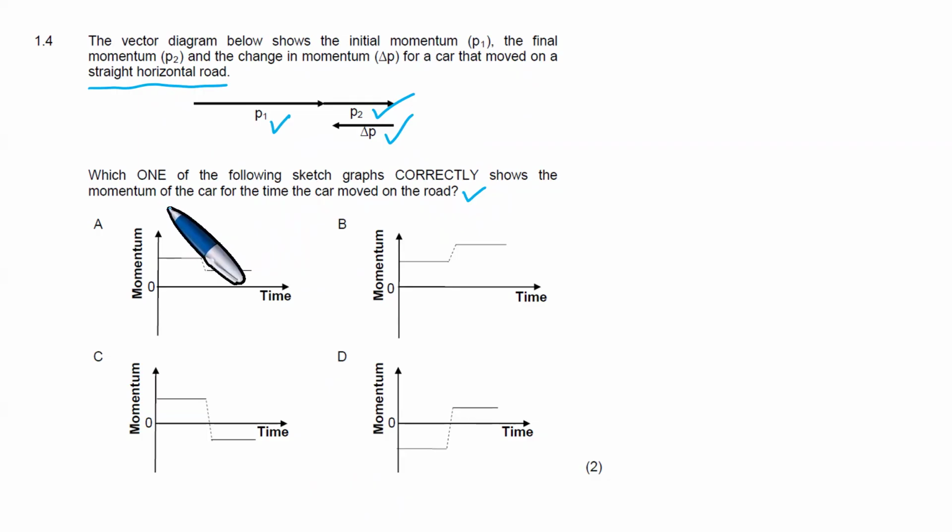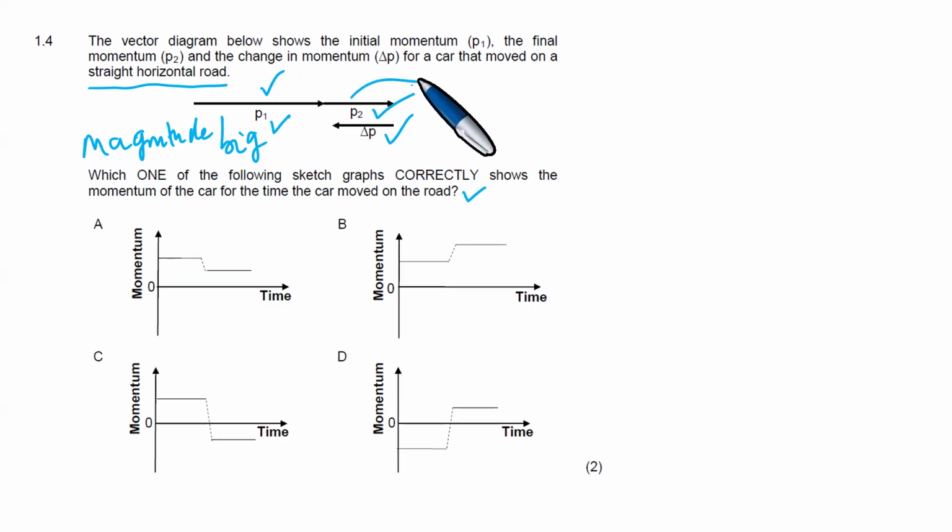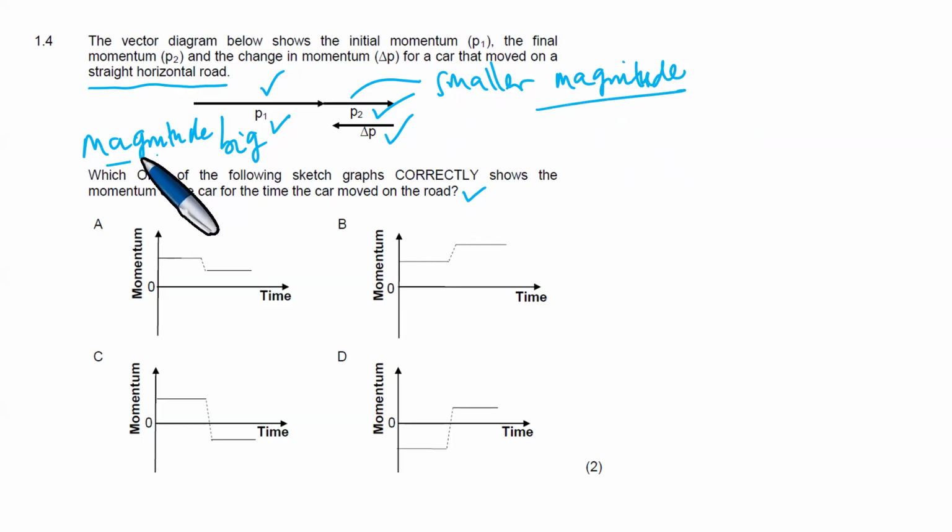What should we pick from these? Momentum P1 is big, because the magnitude is big. But momentum P2 is small. It has a smaller magnitude, and this one has a bigger magnitude.